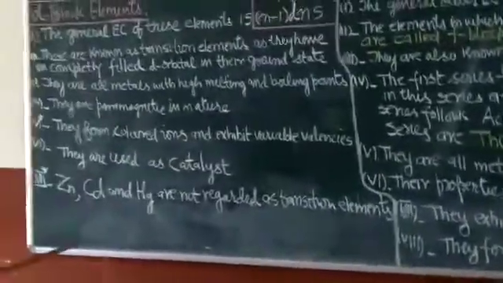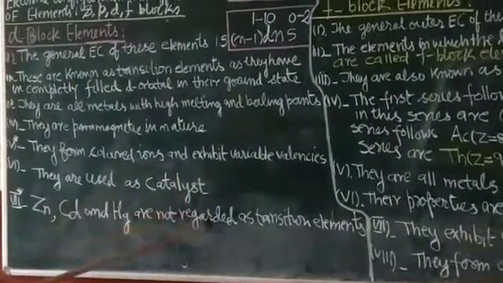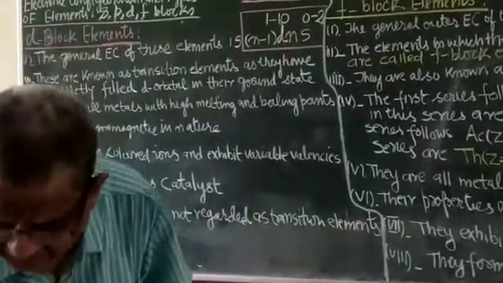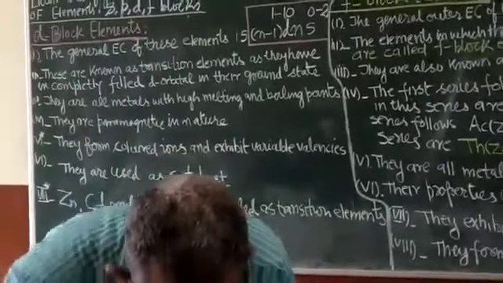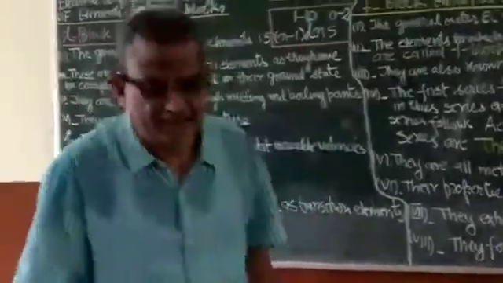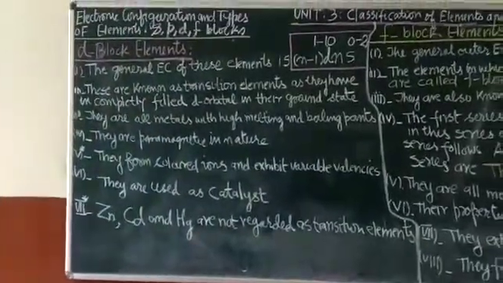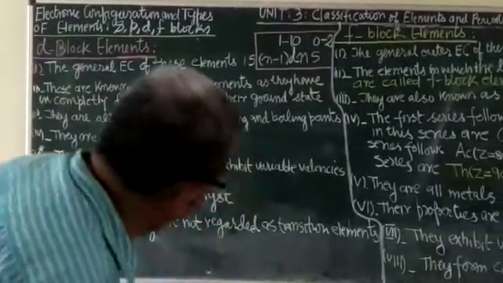Property number 7. Zinc, cadmium and mercury are not regarded as transition elements. This question normally comes: why are zinc, cadmium and mercury not regarded as transition elements? This is due to the fully filled electronic configuration. I write here the fully filled electronic configuration.